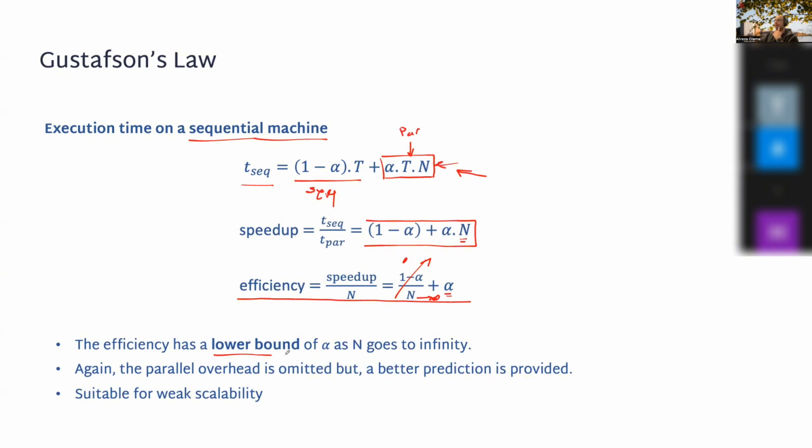We obtain a lower bound for the efficiency with an infinite number of processors. But here we also ignored the parallel overhead, the communication, and things like that. As we assume the problem size scales as well, this framework is suitable for weak scalability evaluation.